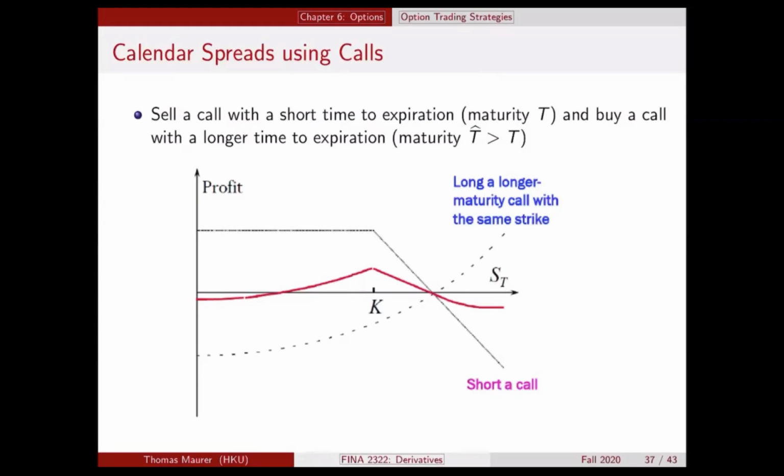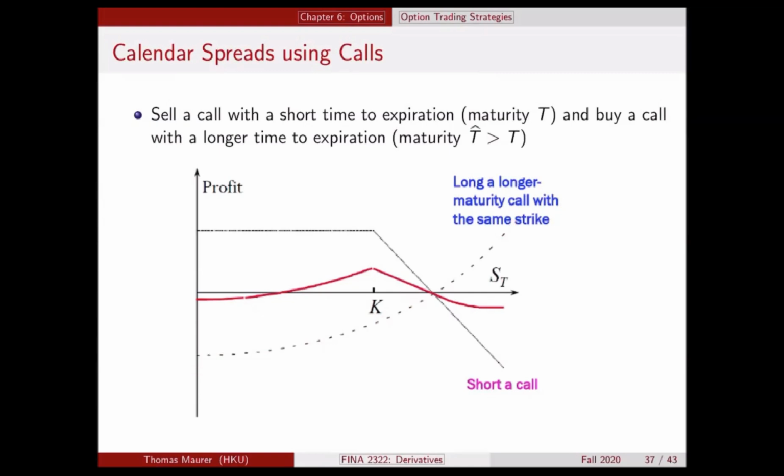Another interesting strategy is the calendar spread. Here you sell a call option with a relatively short time to expiration, and you buy another call option with the same strike price but a longer time to maturity. The payoff of the short position in the call which you short sell is given by this kinked line over here, while the value of the long position in the call option with the longer term to maturity is given by this curved line over here.